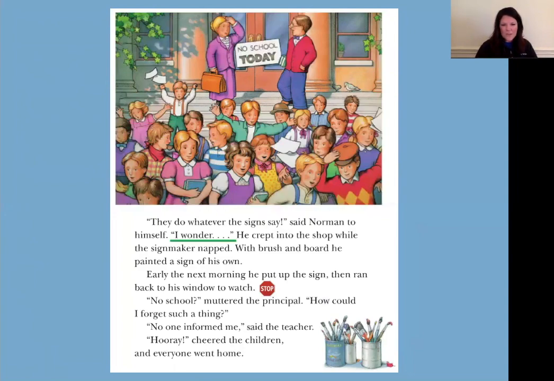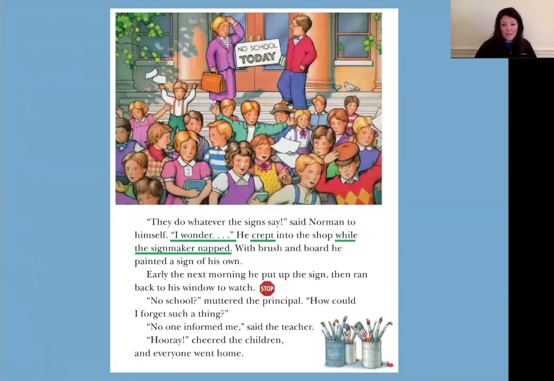When I saw this right here, "I wonder," it made me in my head go, uh-oh, he might be up to something, because he realizes that people do what the signs say. And then I saw this verb here, crept. That told me that he's being very sneaky creeping in. Did you notice anything else sneaky?